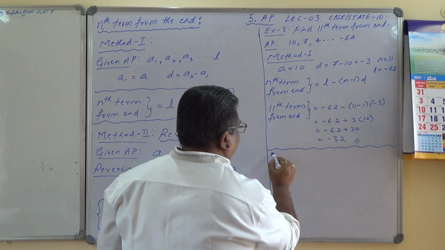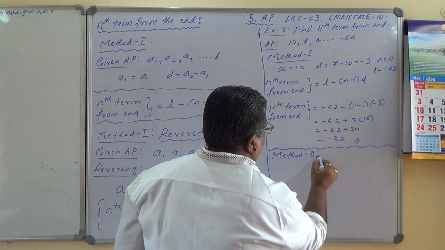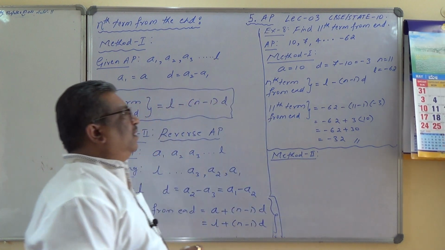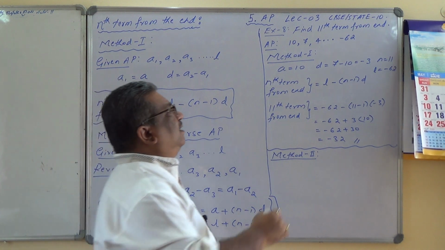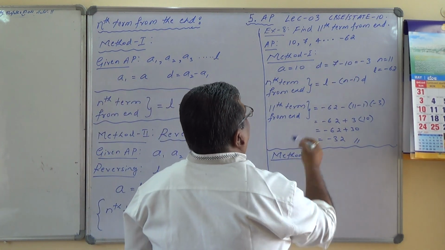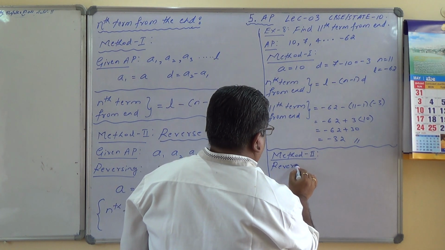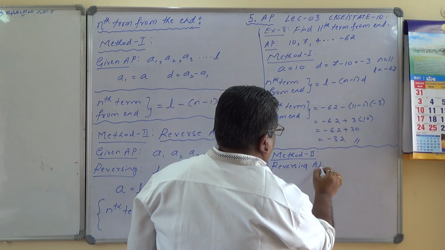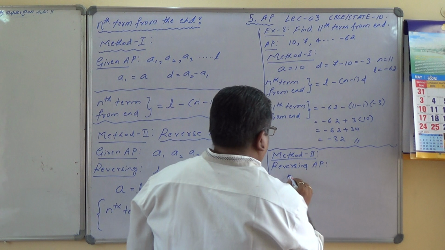I am using now method 2 here. What is that you have to do? You have to reverse the AP. So if you have to reverse the AP, L equals minus 62. Therefore, I am reversing the AP. What is that you get?